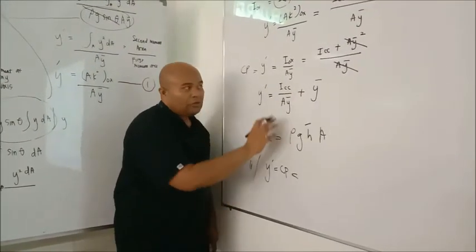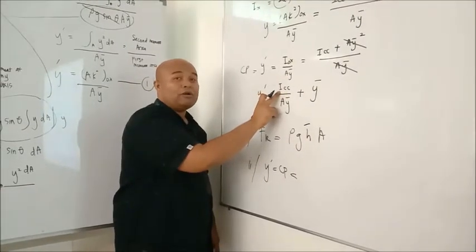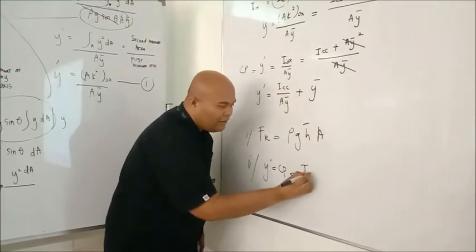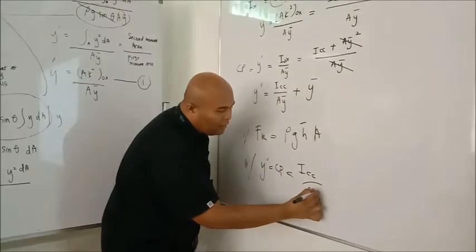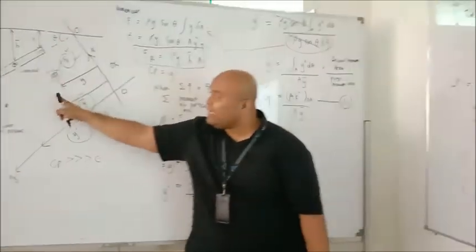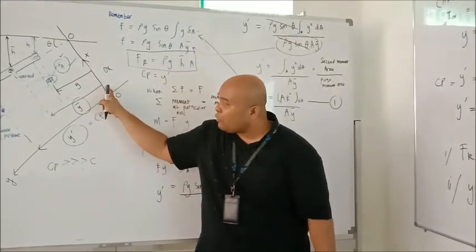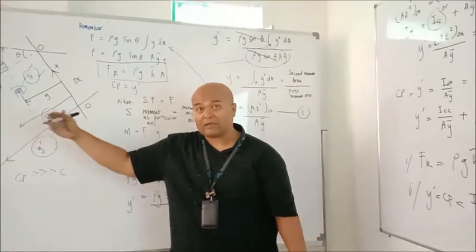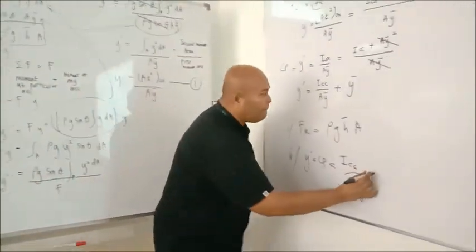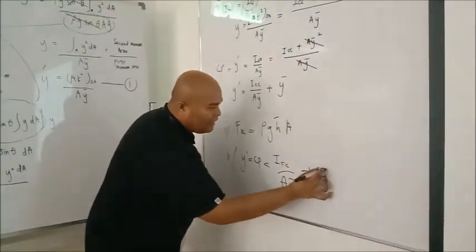You need to determine the second moment of area first, the I CC, divided by the area times the y bar. The y bar is basically the distance from the Ox to the centroid, the center point of the flat surface, plus the y bar itself.